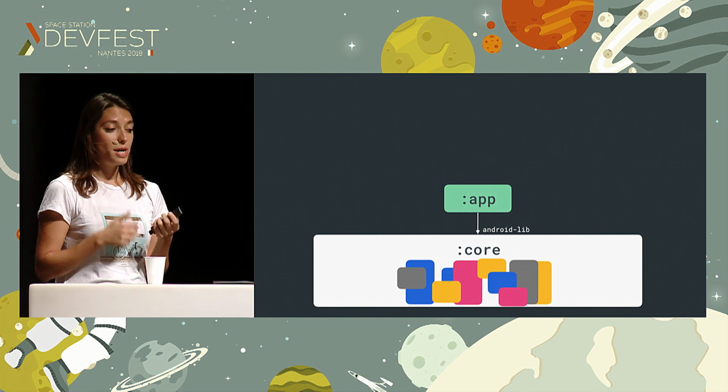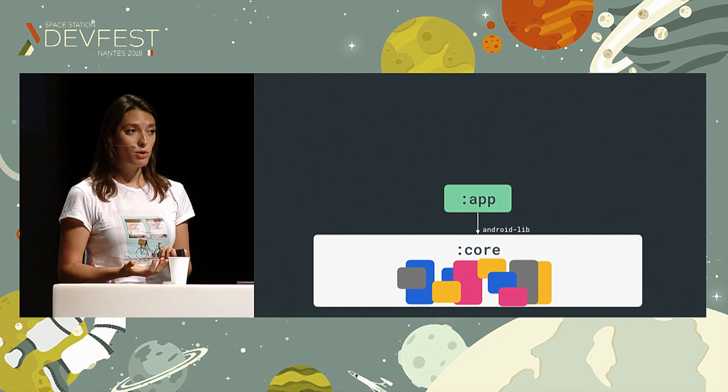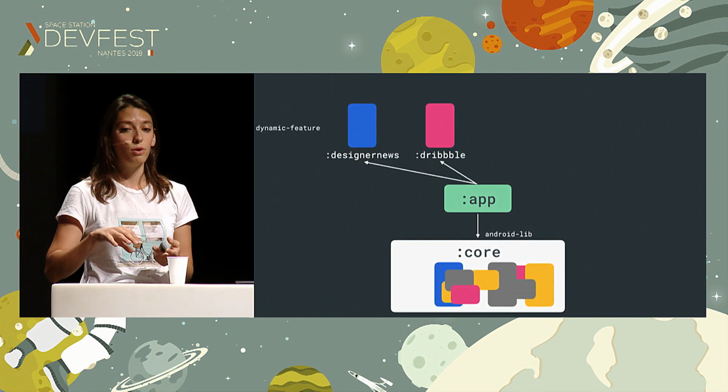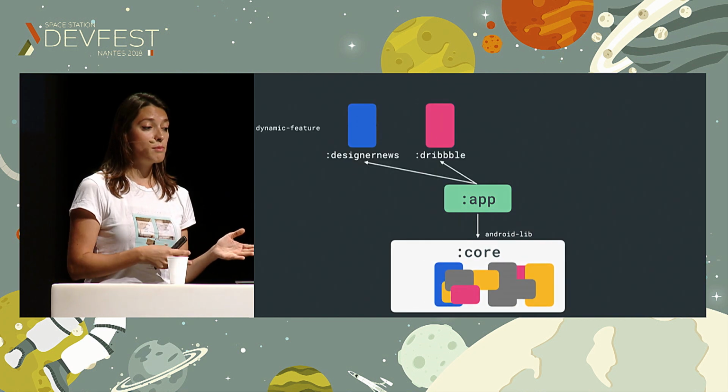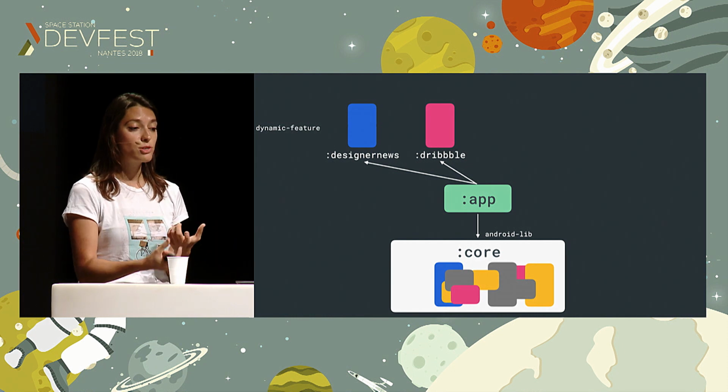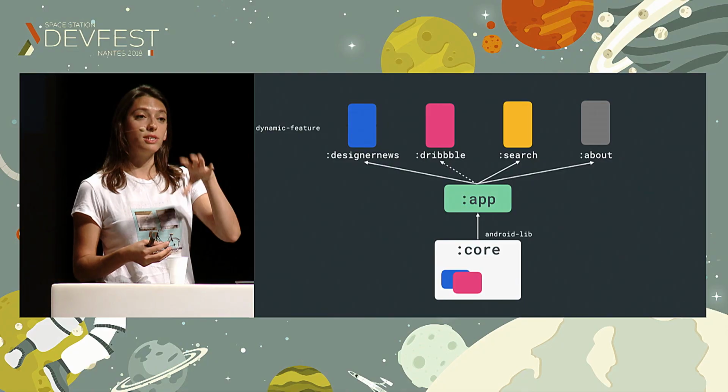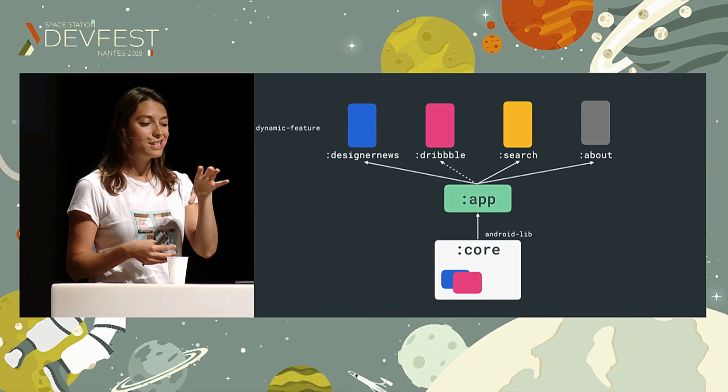Okay, and then once we had everything in core, we started breaking things apart even more. We created dynamic features for Designer News and Dribbble. And here, Designer News and Dribbble depend on the app. Then we split things even more. We added search, so the search functionality is in its own dynamic feature.